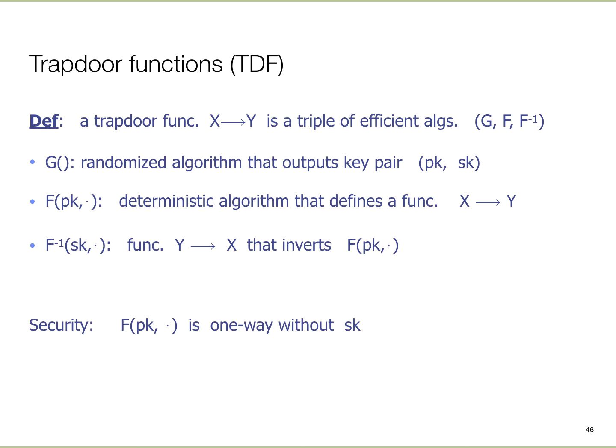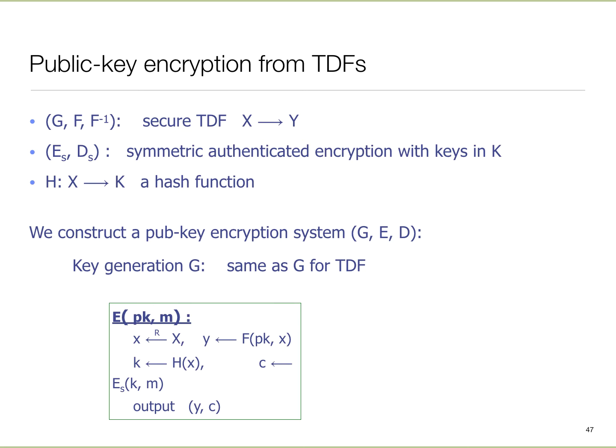So to construct any public key crypto system, you basically need to create such a trapdoor function or one-way function which has this property that without knowing sk, it would be computationally very hard to go the other way.